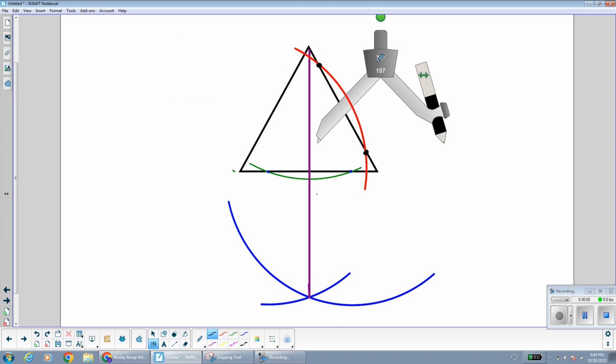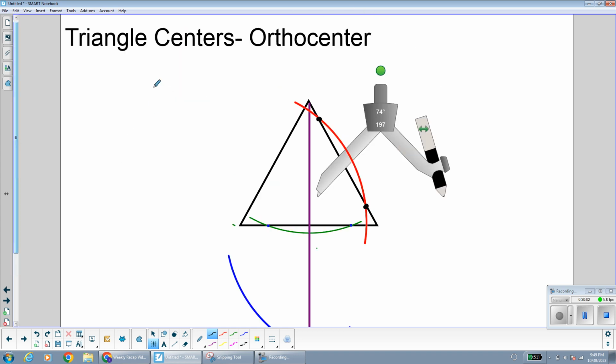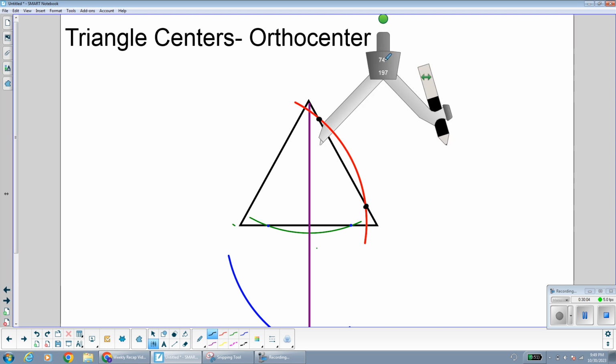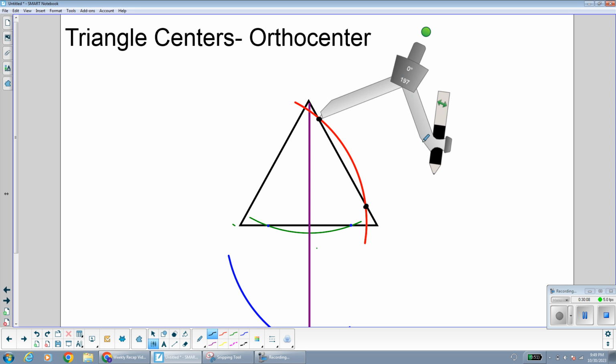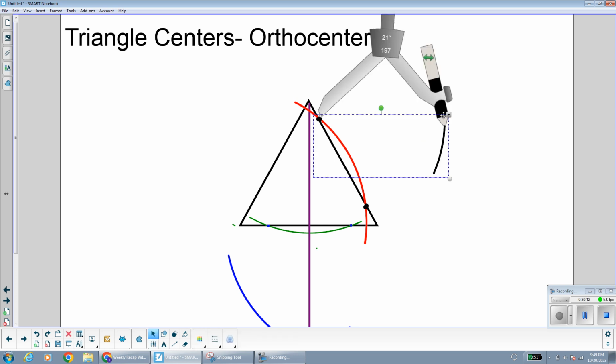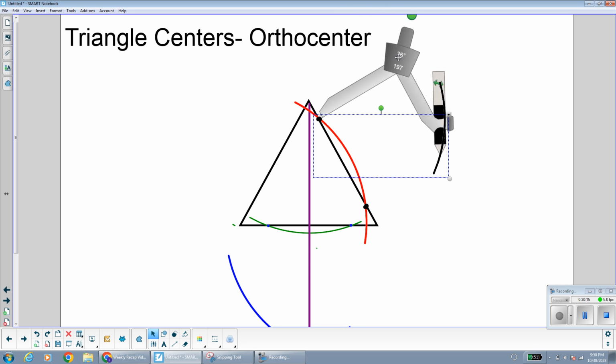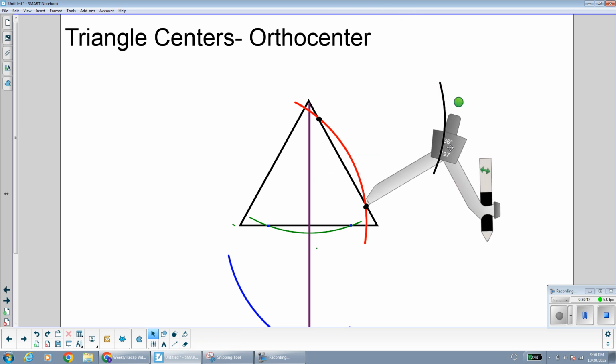So now I'm going to go over to each of those intersection points. I'll go to the top one first. And then I'm going to go to the bottom one.